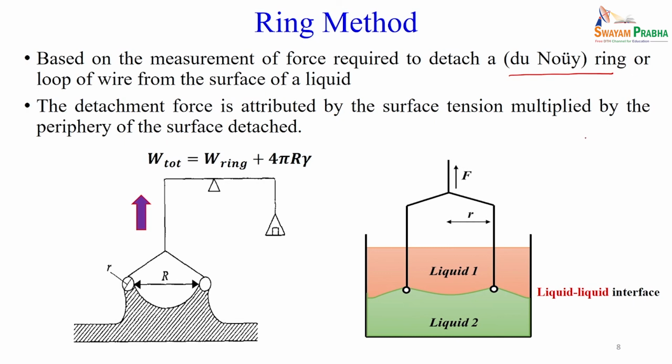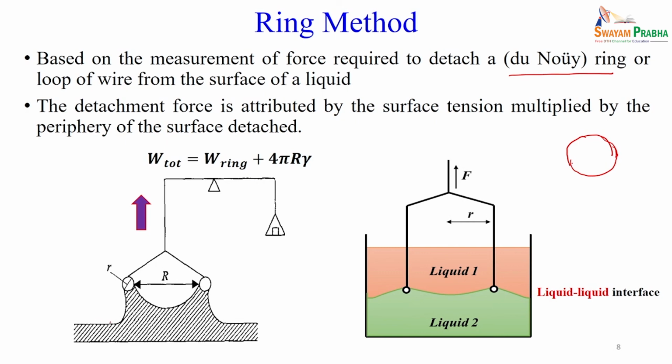So, this is typically a ring like this, and then we are going to pull this ring, and if you pull this ring from the interface, there will be some resistance offered by that liquid, and that resistance force will be equal to the surface tension.